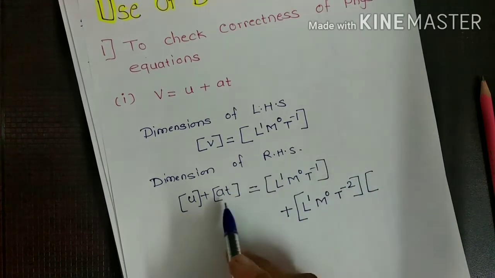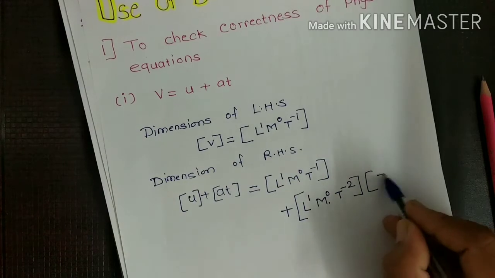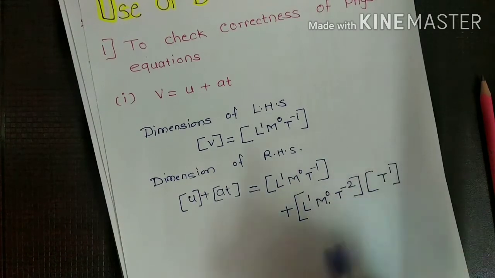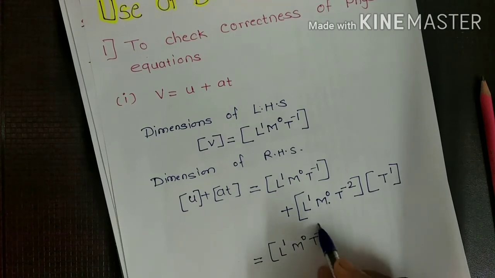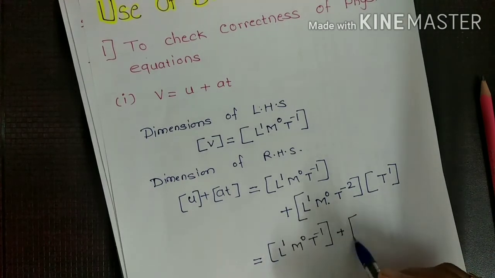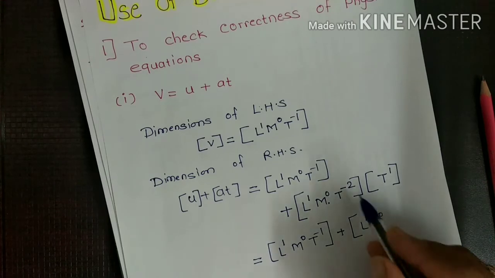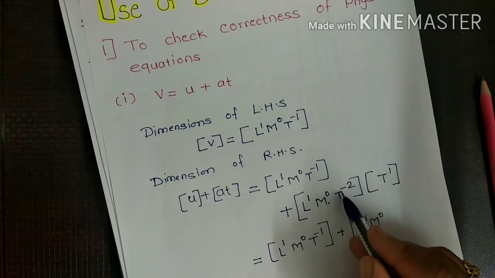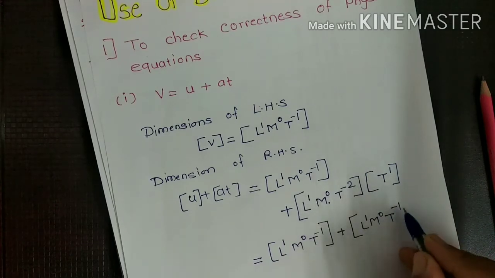And these are the dimensions for A. And for T, that is only T raised to the power 1. That's why L raised to the power 1, M raised to the power 0, T raised to the power minus 1 plus L raised to the power 1, M raised to the power 0, and here we have to calculate T raised to the power minus 2 plus 1, that is T raised to the power minus 1.